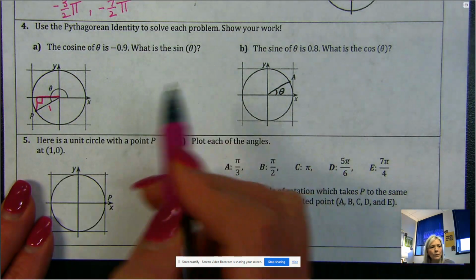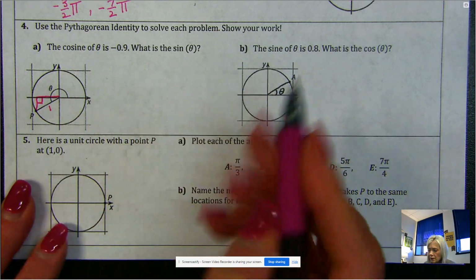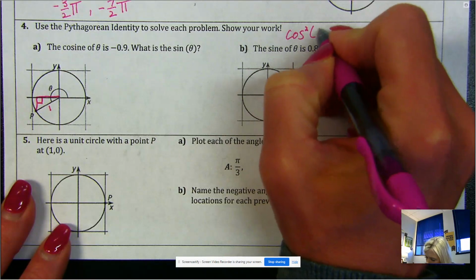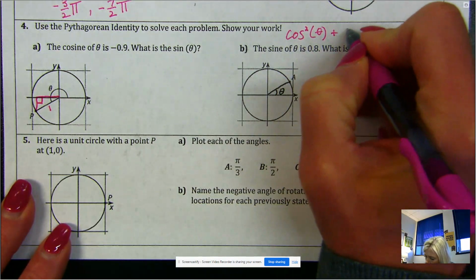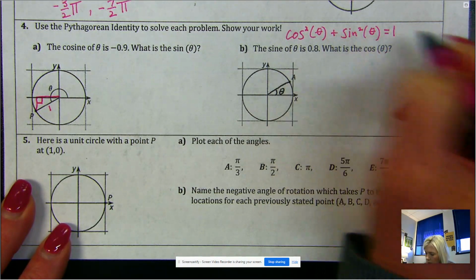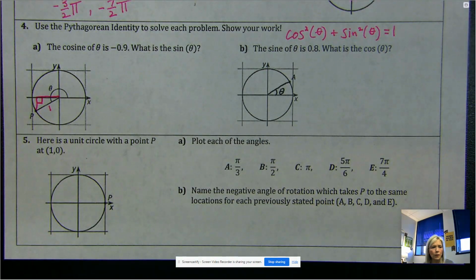And so the Pythagorean identity tells us that the cosine squared of an angle plus the sine squared of an angle is equal to 1. It all comes from the Pythagorean theorem.